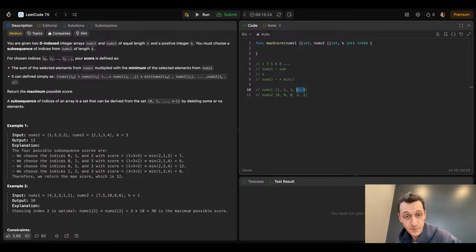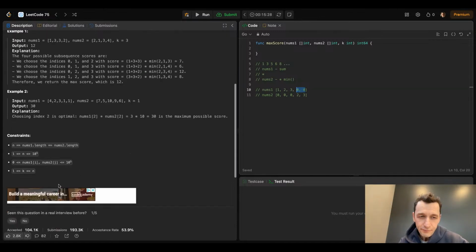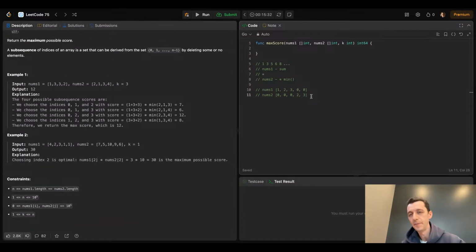This essentially could be a 0 as well. It could be just 1. And so we do want to care about what we take from.